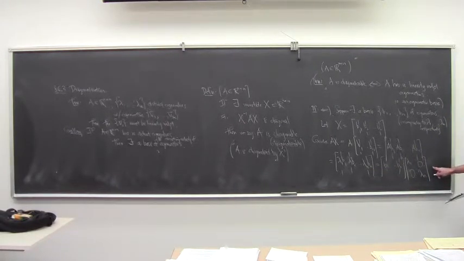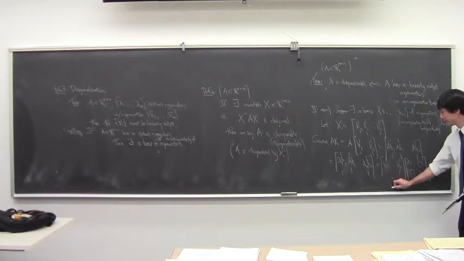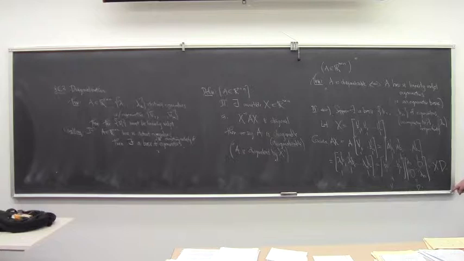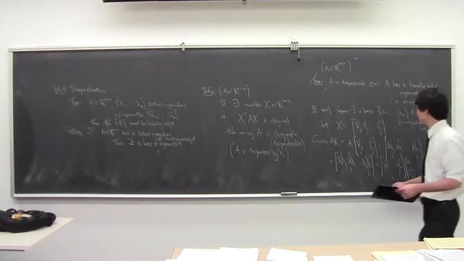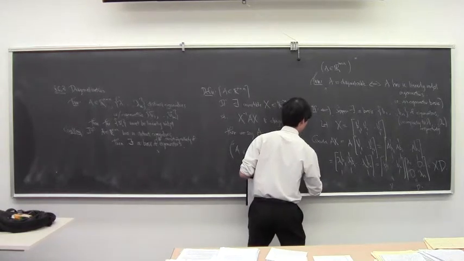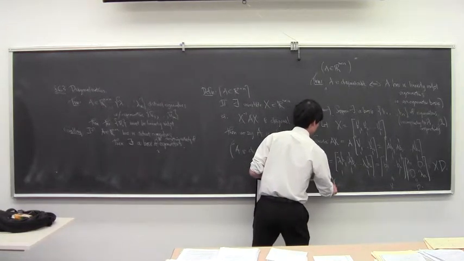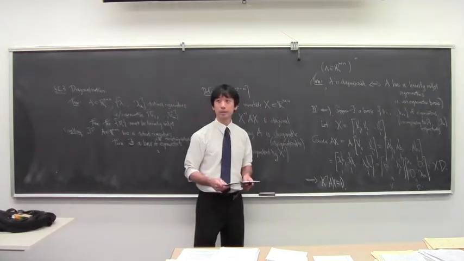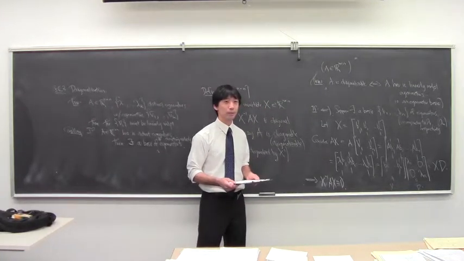And so what does that say? Let's write that as XD. This thing is X. Let's call this thing D. And so we get AX equals XD, AX equals X times the diagonal matrix, which gives us that X inverse AX is diagonal. So just a matter of calculation.